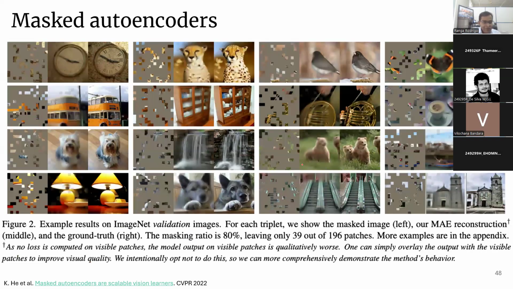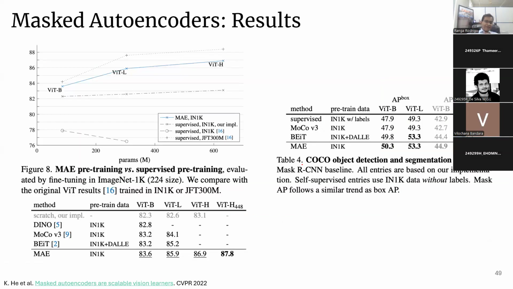So you can see so many images, the masked images and the reconstructions of the MAE. They have great reconstructions, right? One or two may have problems. Okay, so we will not look at the results.